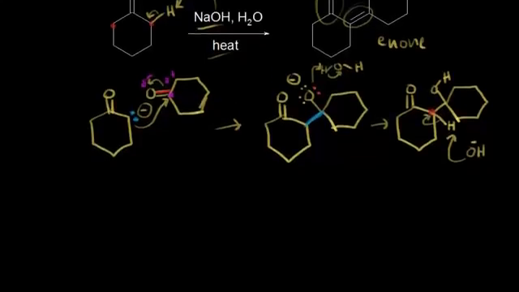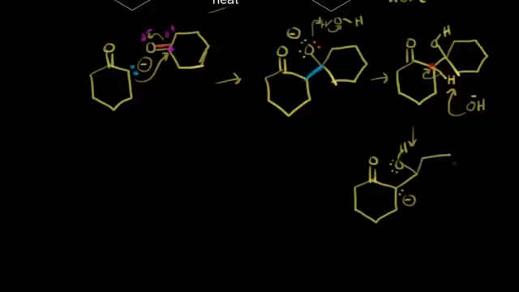So let's get some more room here. So now what we would have is our ring, right? We have our carbonyl there, and then we have a lone pair of electrons on this carbon at -1 formal charge. Over here we have our OH, like that, and then we have our ring.